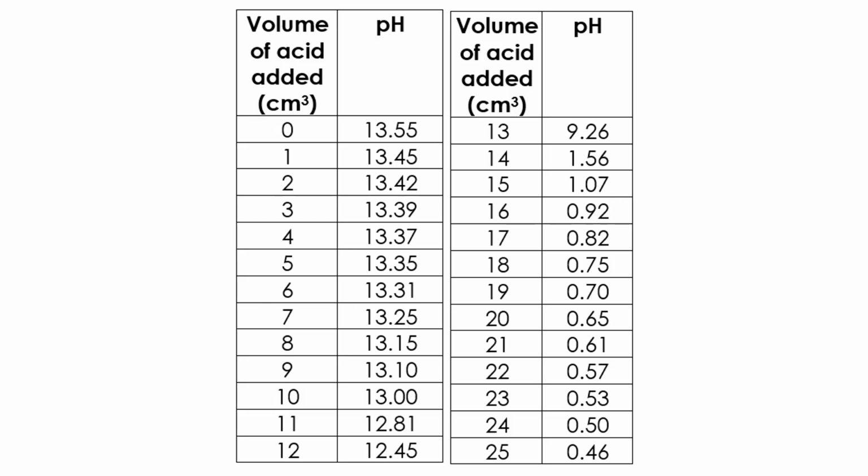So if we just got universal indicator paper, that wouldn't show up that type of small change. So to start with, there's not very much change at all in the pH, but then as you get nearer the point of neutralization, when you get towards 13, 14, 15 centimeters cubed of acid added, then there's a much more dramatic change in the pH.